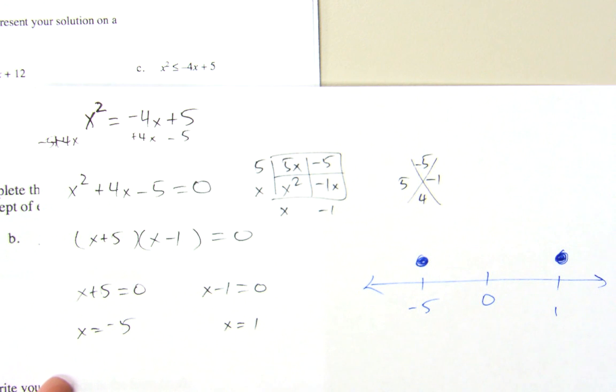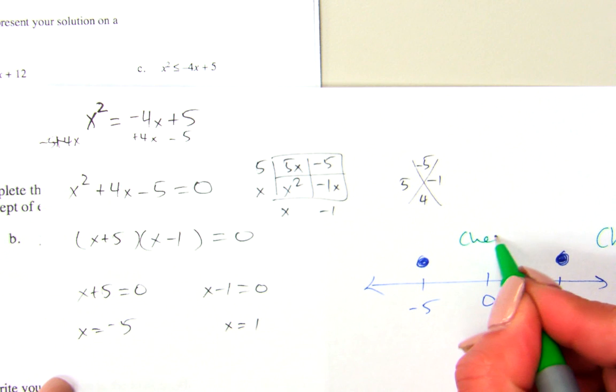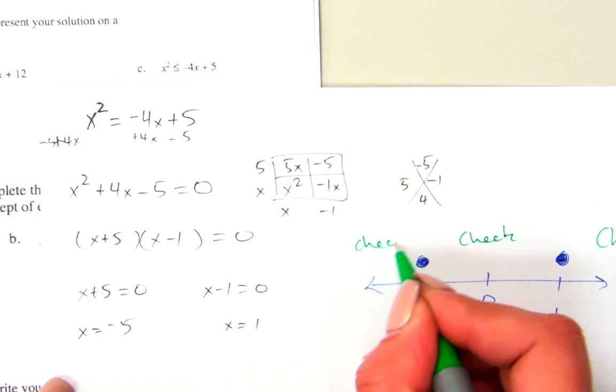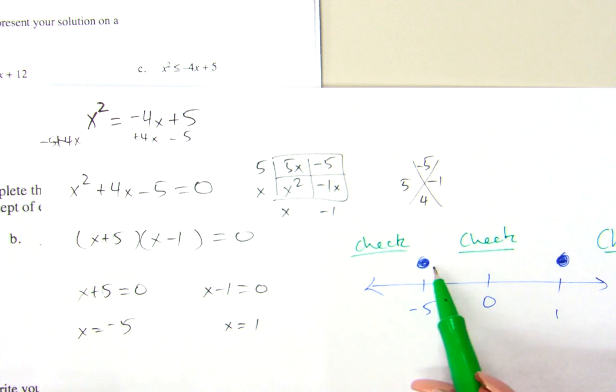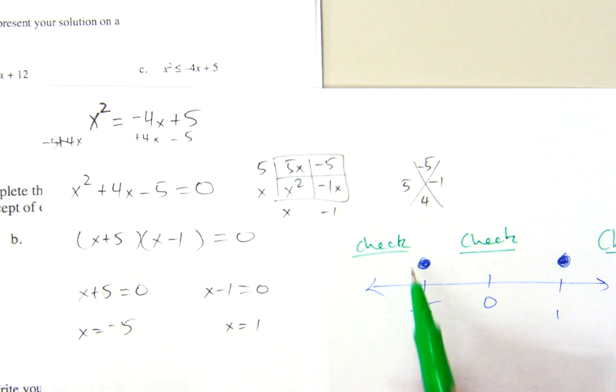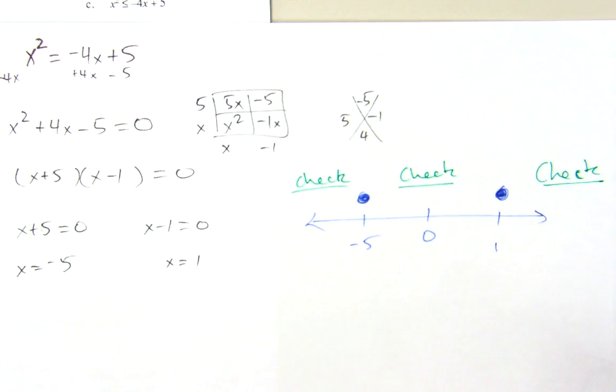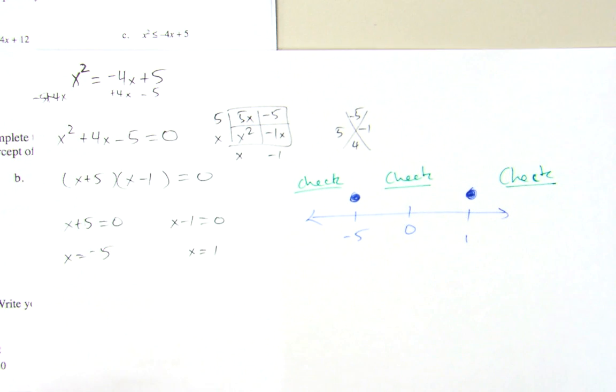And now we need to check. Pick a number from here, pick a number here, and pick a number here. Hopefully you still have your notes from Friday. You need to check 3 regions. Pick anything in between these two, and a number from each outside region, and check. So I'm going to leave you with that.